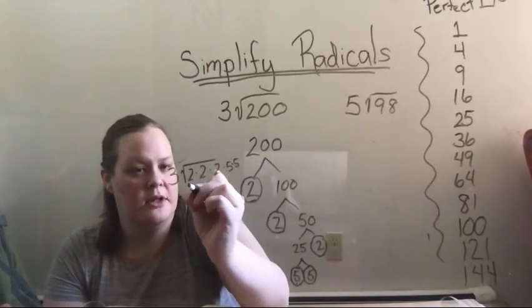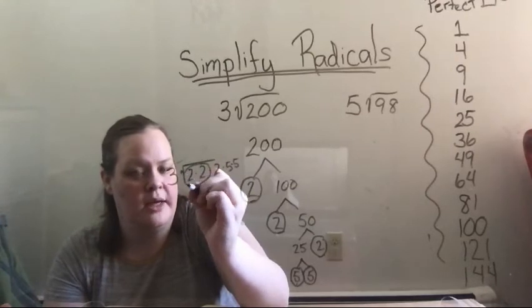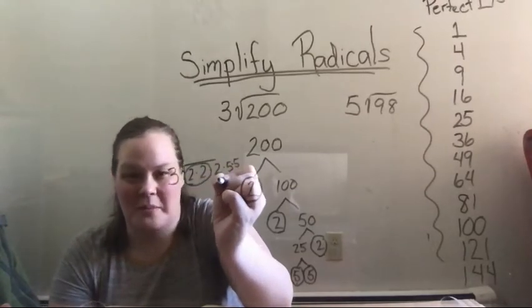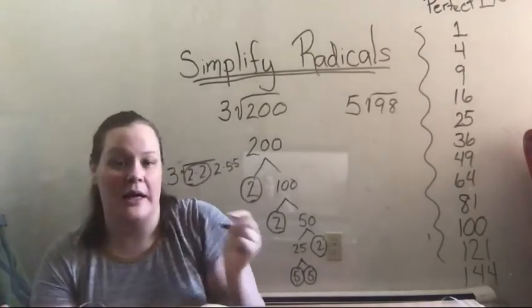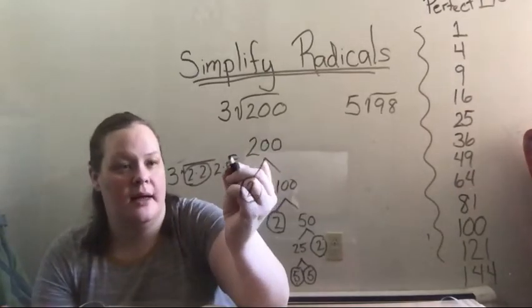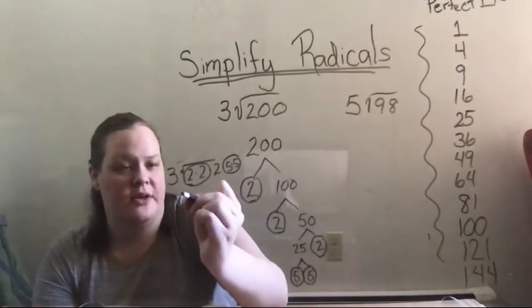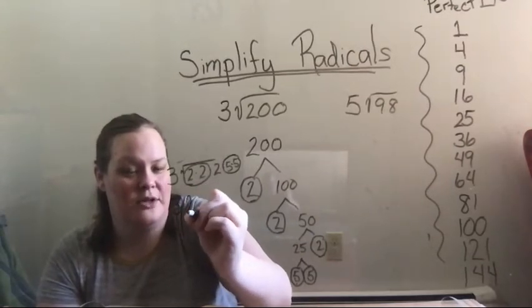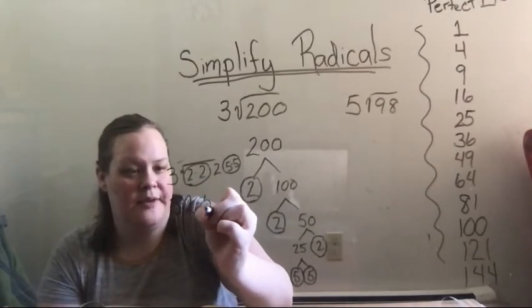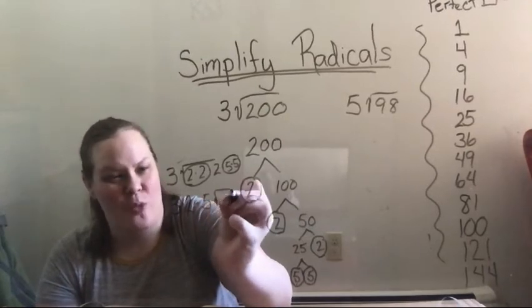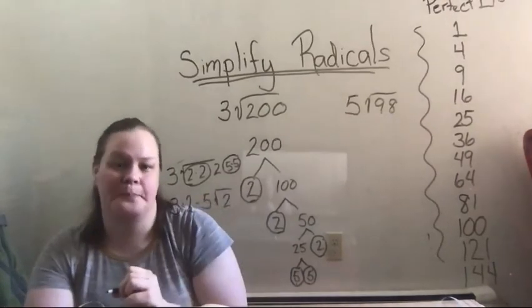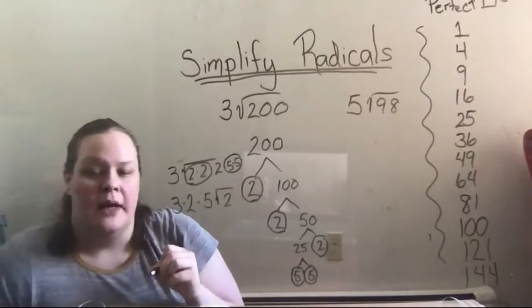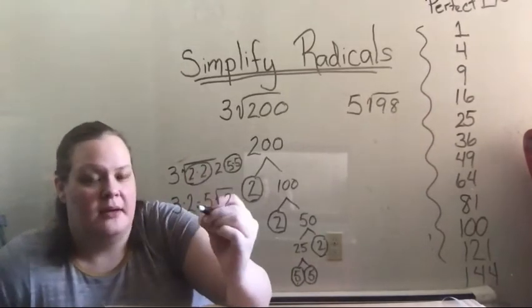So remember, I'm going to circle any 2 that I see. You'll see there's another one, but it doesn't come with a partner, so we're not going to circle it. And we're going to take those 2 5's. So I'm going to move those to the outside. So we're going to have 3 times 2 times 5. I still have 1, 2 left on the inside there. Okay, now notice we're multiplying all these numbers together.